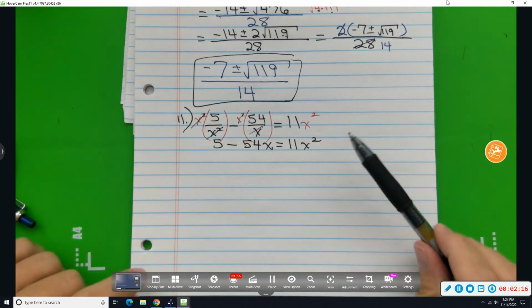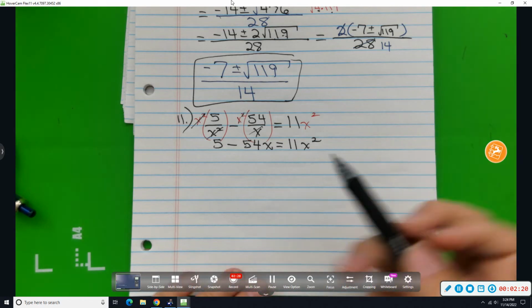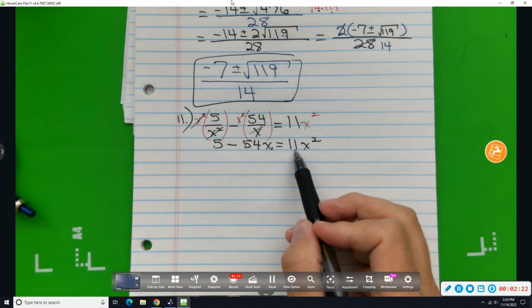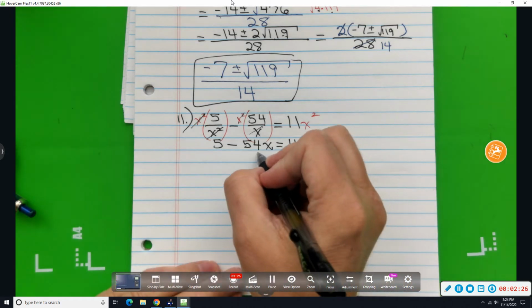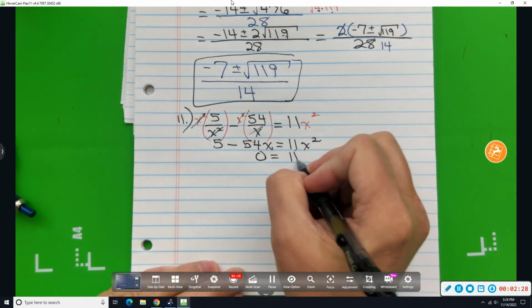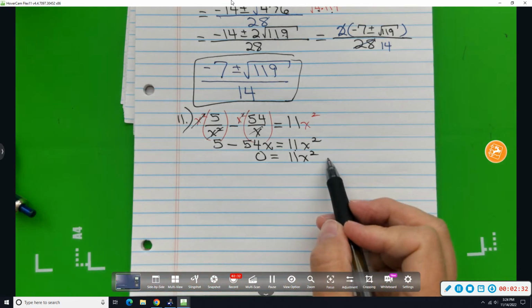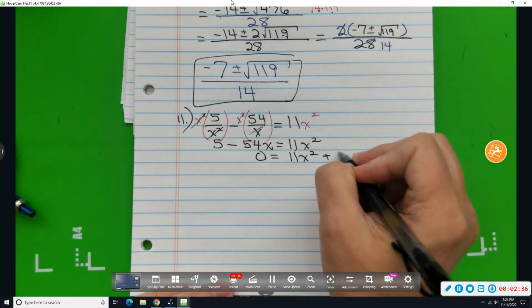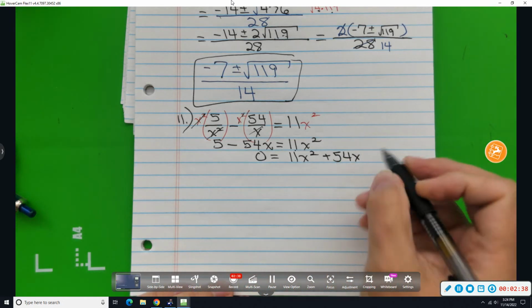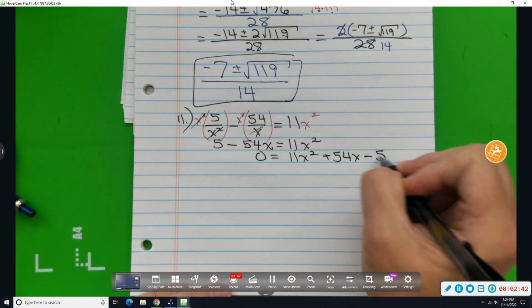Now this equation is quadratic. We need it set equal to 0. But remember, I like my leading coefficient to be positive, so I'm not going to get a 0 here. I'll get the 0 over here. I have an 11x squared, a plus 54x, and move that over, it becomes a minus 5.